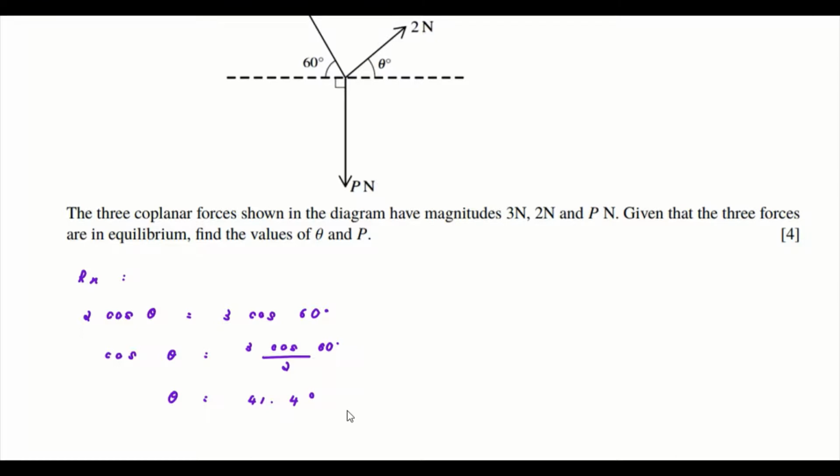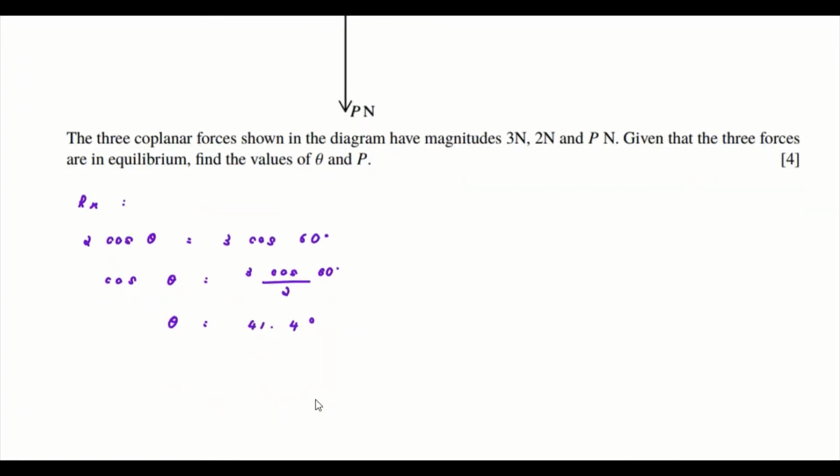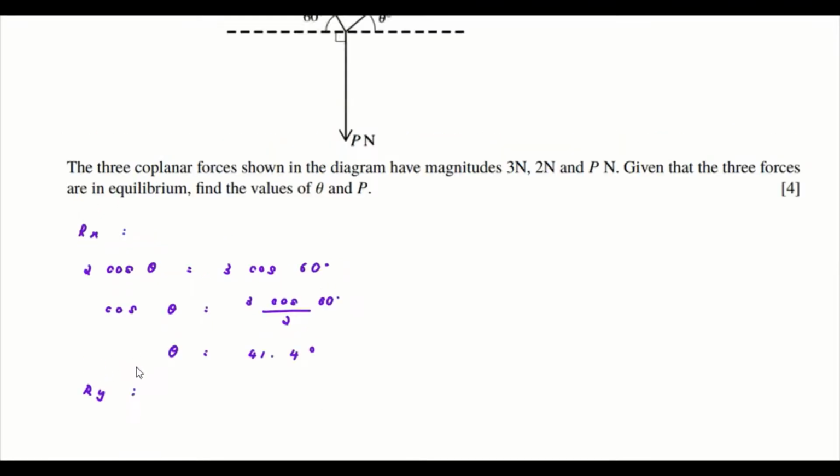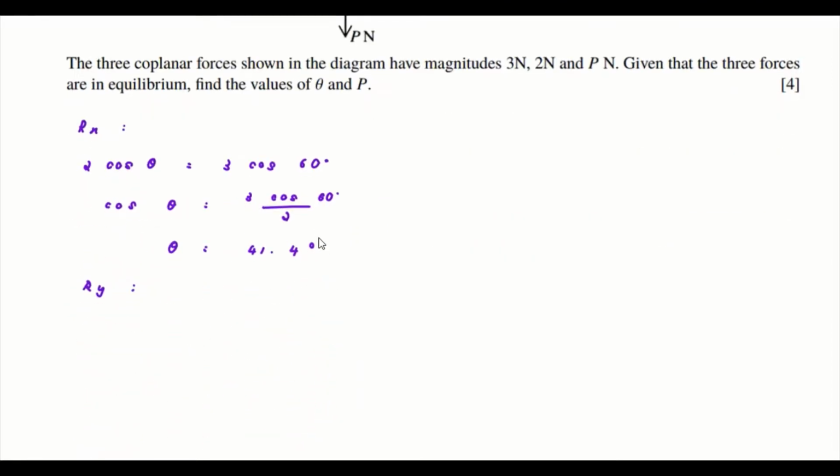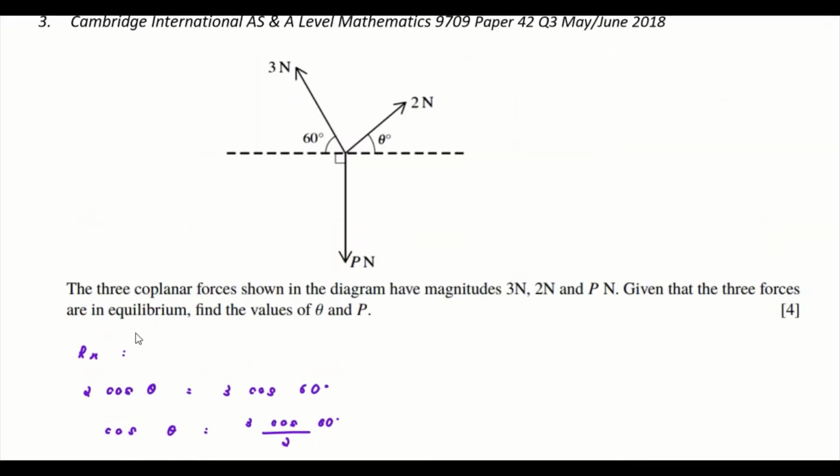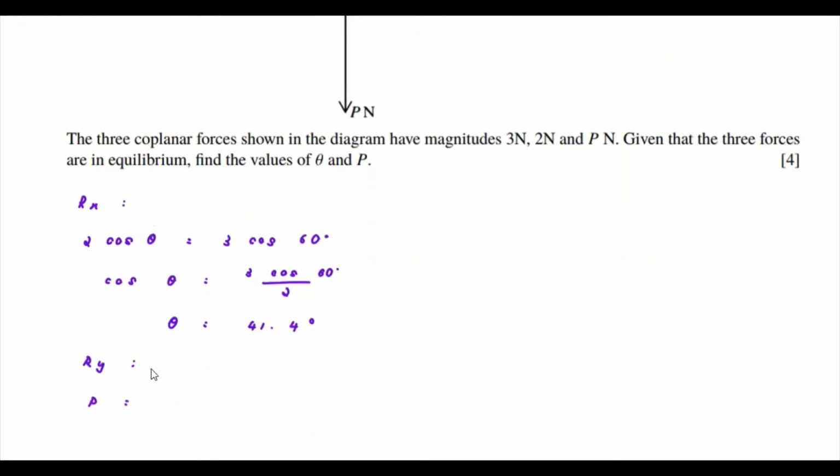You can either store your value, or if you're confident enough, you can still keep your answer as this one, then it's all right. So resolving in the y direction, P will be equal to 2 sine theta. Theta here is 41.1, right? So we can straight away use 41.1, and then plus 3 sine 60.